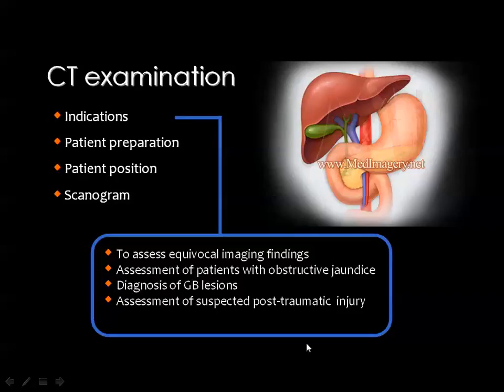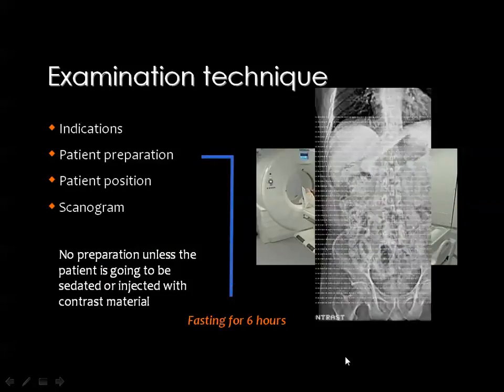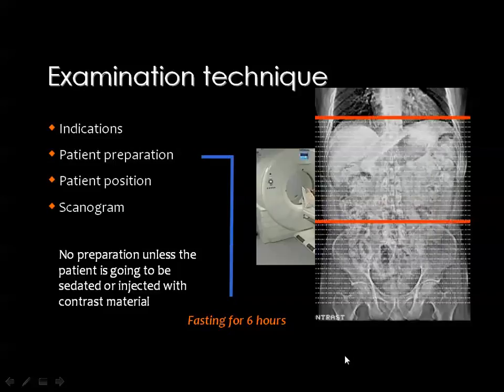But whenever we need the CT scan, we may do some preparations such as to give the patient some oral contrast media, and we usually need to also inject the patient with intravenous contrast. The area of the gallbladder corresponds to the area of the liver as well, and we scan the abdomen from the level of the diaphragm to the level of the iliac crest, covering the area of the liver and the gallbladder.